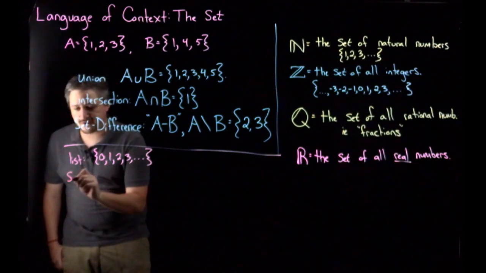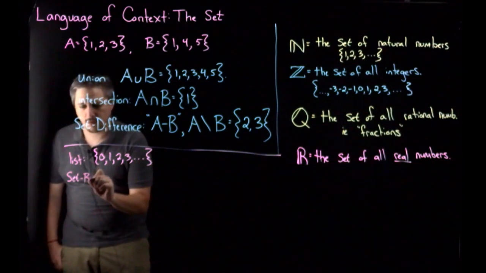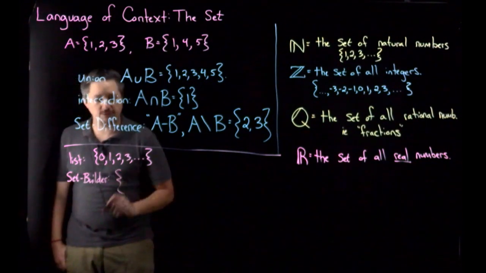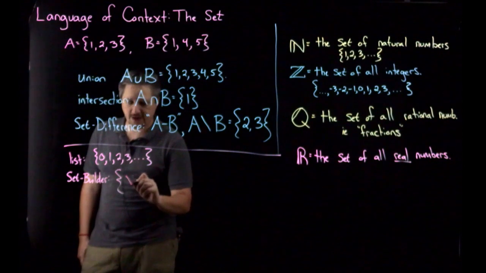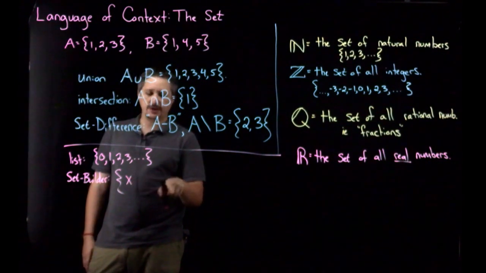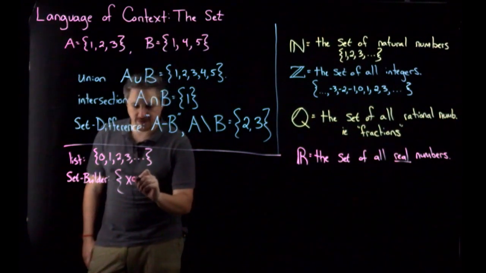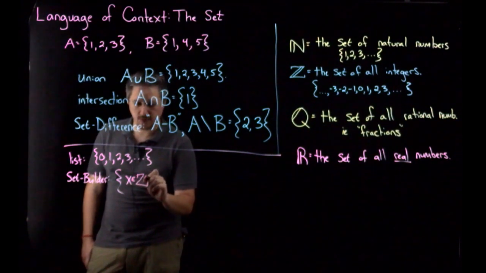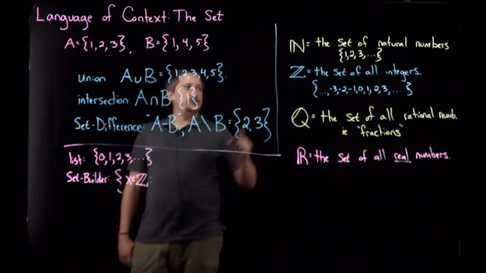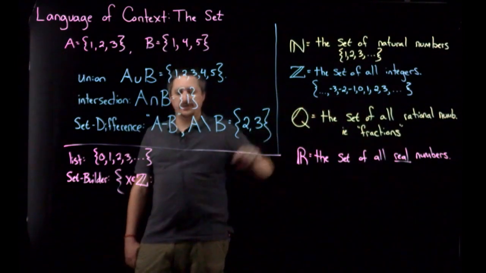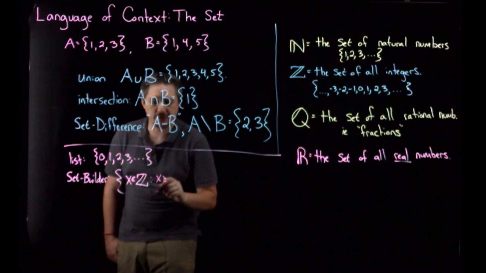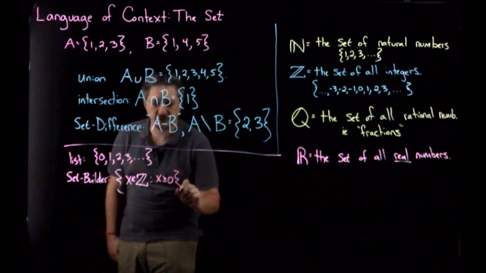I could also do the set builder. To do that, I would say, okay, I want all numbers x. I could do x in Z here, or I can make it a condition elsewhere. I'll do x in Z here, such that. So I want all integers, but I don't want negative integers. Let's do x greater than or equal to 0, just to make it look nice.